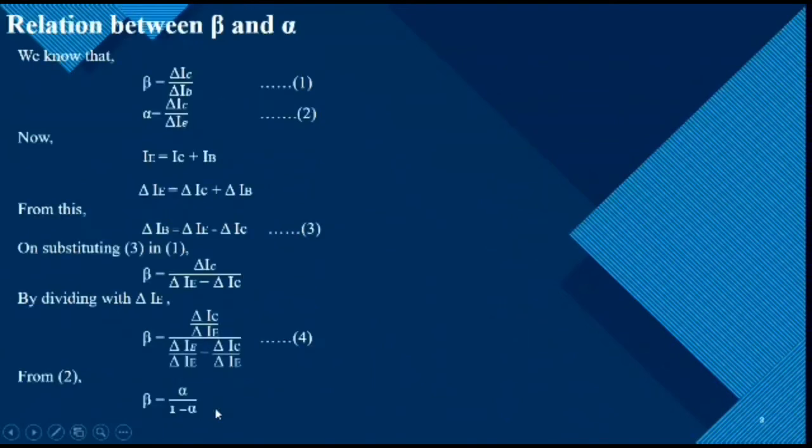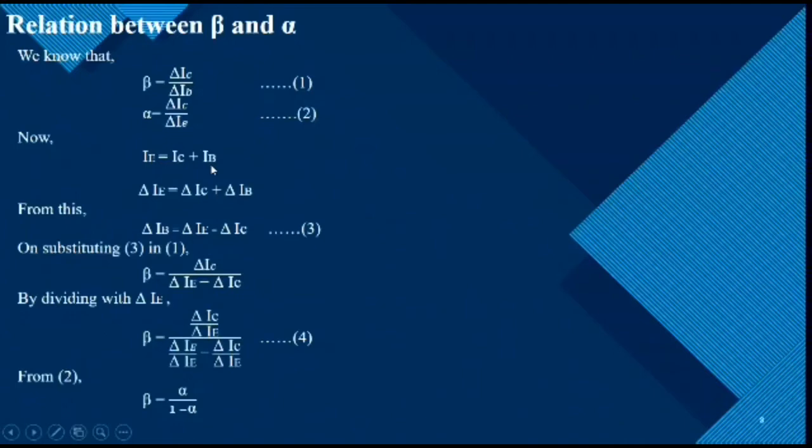Now let us derive the relation between beta and alpha. We know beta as change in the collector current to the base current and alpha as change in the collector current to the emitter current, and also emitter current is equal to the sum of the collector current plus base current.